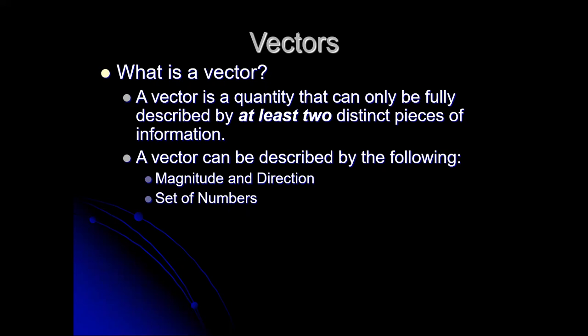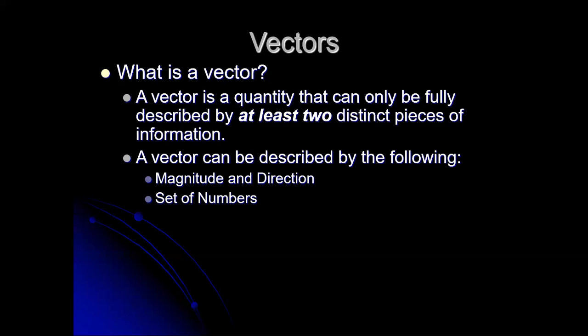There are lots of different ways to describe directions, and they're all kind of a pain to work with. When it comes down to really doing math with vectors, working in terms of a set of numbers is going to be better for us. And we'll learn more about how to figure out that set of numbers on Wednesday.